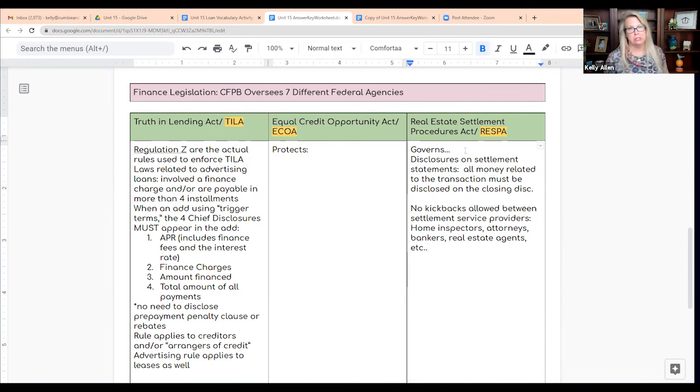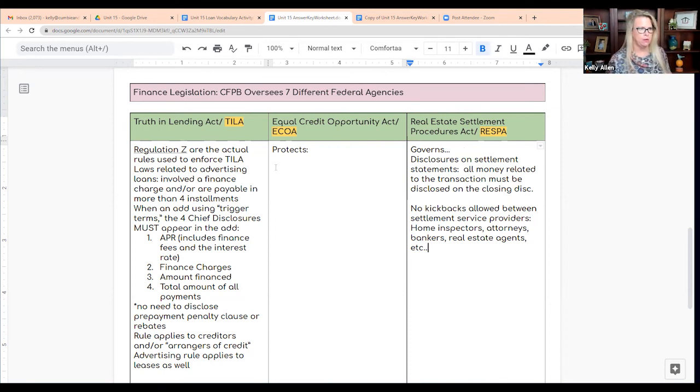That, my friends, is against the rules. That's a no-no. The one about the real estate agent is the same: a real estate agent and an attorney, a lender, or whomever. The one exception to this kickback rule with RESPA is that real estate agents can do referrals with one another. So that is okay. All right, so that's RESPA.